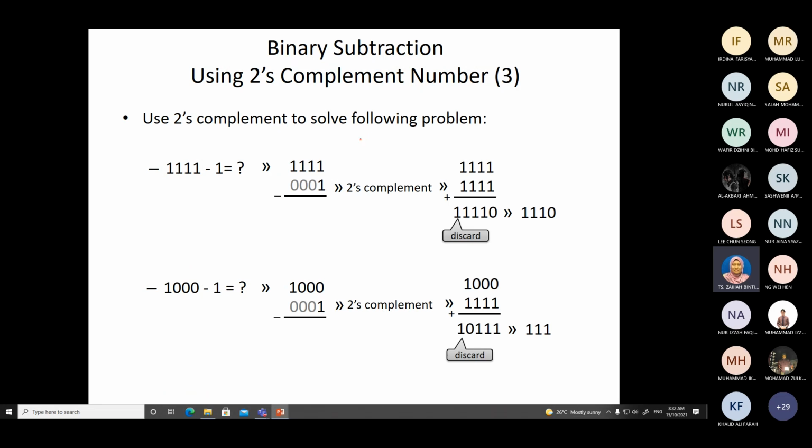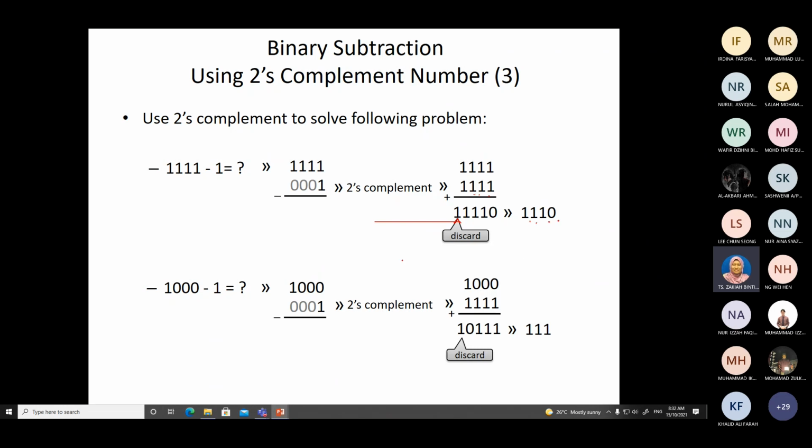To solve the following problem, 1111 minus 1: if we take the 2's complement of 0001, you will get 1111. When you add, you will get 1110, and the leftmost bit will be discarded.